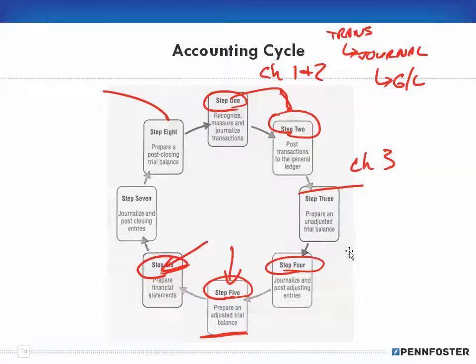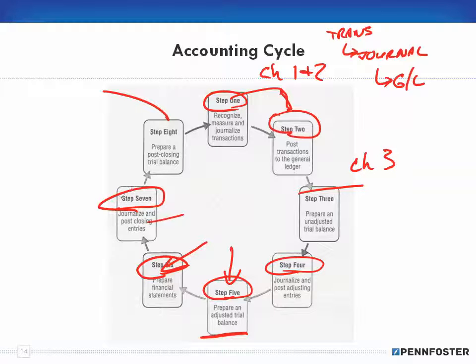All of our figures are still the same in our ledger accounts, and that's not correct because at the end of the accounting period we have to actually close out. So in step 7, we have to make closing journal entries. We journalize and post those closing entries, and when we do, that moves all of the information into the proper accounts so that our accounting equation is in balance.